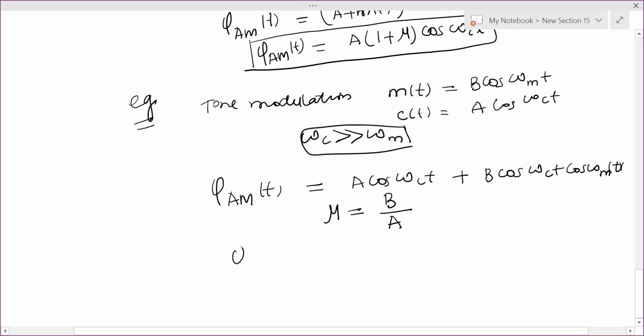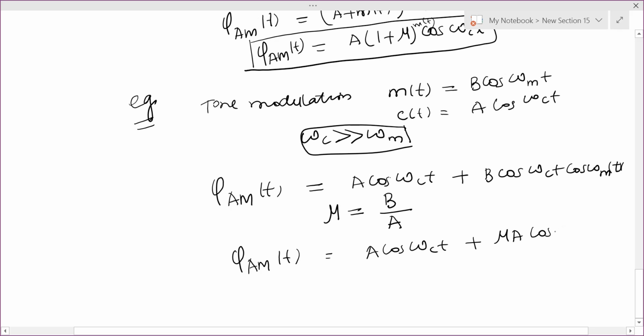So we can write phi am of t as a into 1 plus, so let me write it as a cos omega ct plus mu a. Okay, sorry, I think here we have m of t also.